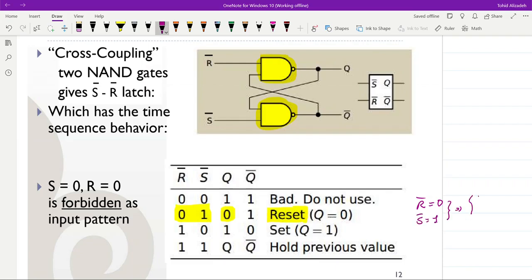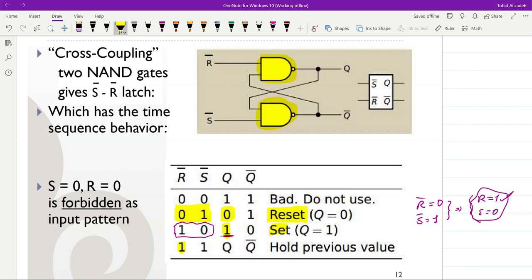Alternatively, we can say that R is equal to 1 and S is equal to 0, similar to what we had in the previous latch. So in this case, we will have resetting. If we provide 1 and 0 for not R and not S, we will have the set case. The output will become equal to 1.